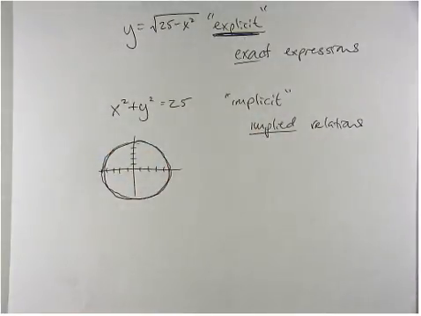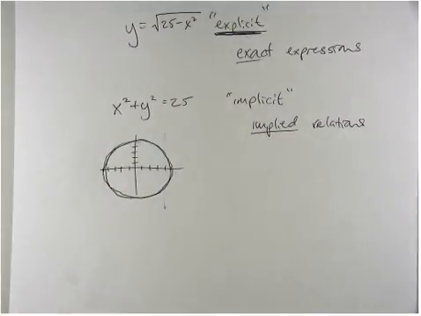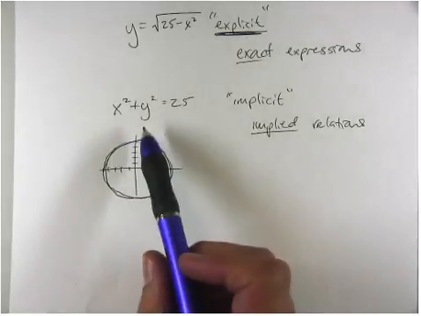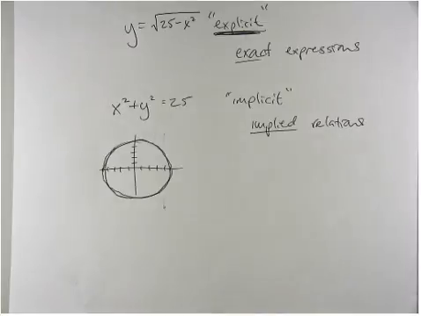It's a circle of radius 5. You will notice that it is not a function. Right? It fails the vertical line test. But, right, it is this relationship between x and y, and we still might have the same types of questions.